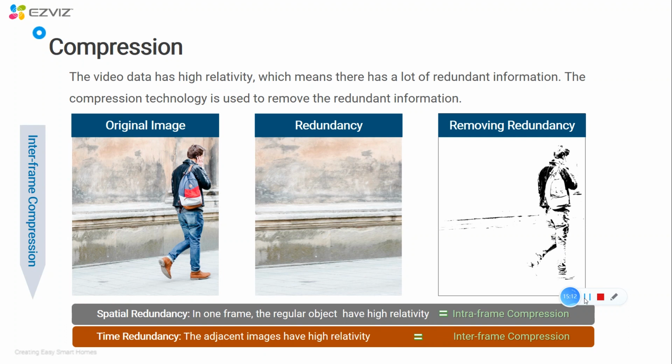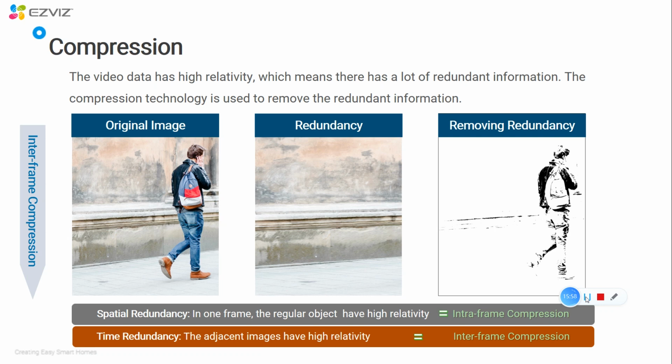There are two types of compression techniques: spatial redundancy and time redundancy. Spatial redundancy means that only the data of this frame is considered for compression.